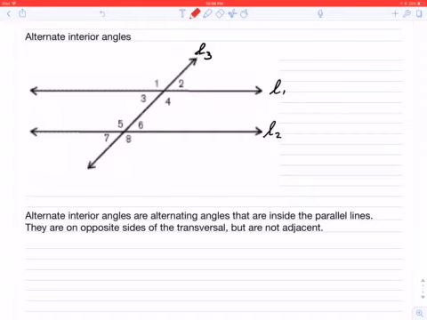So inside the parallel lines, angles 3 and 6 are on opposite sides of the transversal, but not next to each other. Still inside the parallel lines, angles 4 and 5 are on opposite sides of the transversal, but not next to each other.